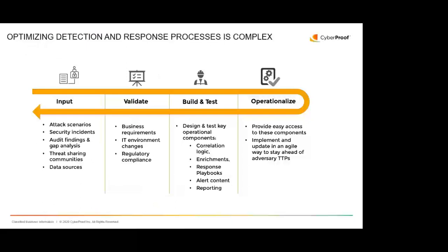And you can see here that there's layers of complexity, taking all the inputs and then validating those against the business risk, and then building the components to do the detection, develop a response that's adequate, possibly automate some of that response to ensure that it fits within a response window. We'll talk about what that means a little bit later, and then operationalizing it so that you can deploy methodologies quickly and reliably.